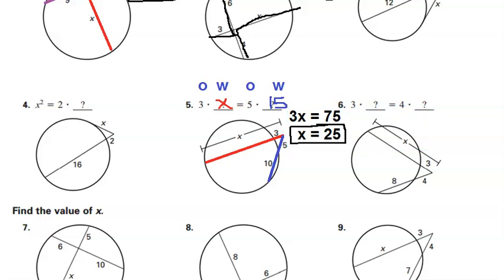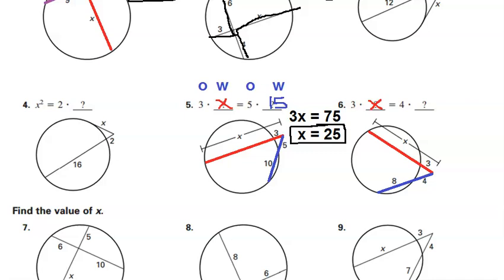Okay, let's practice that exact same idea again with number 6, and then we'll do one of those squared problems, and I'll explain how it all fits in. Number 6, let's start with the red segment. The outside is 3. The whole thing is x. Then you go down to the blue segment, and the outside is 4.